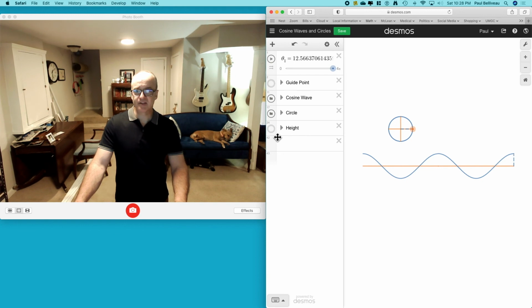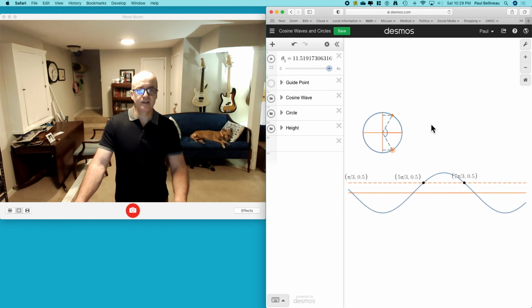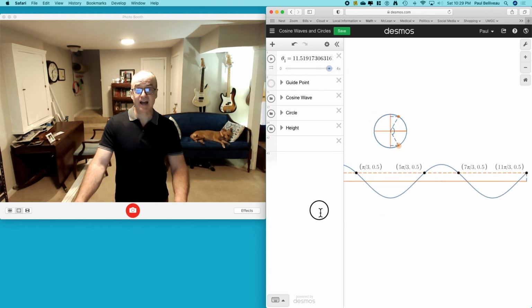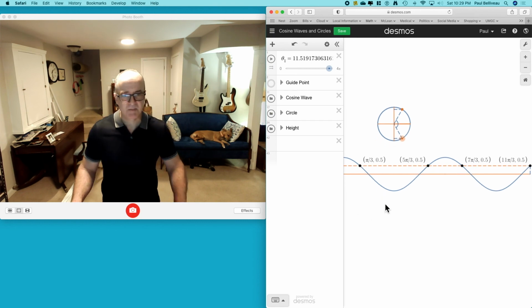Now, I've also set this one up to illustrate how different heights behave. Once again, I chose 0.5 as a height, half a unit above the x-axis. As we can see, same idea.